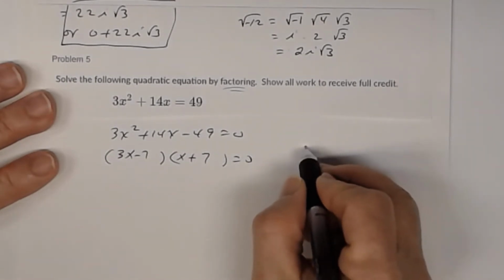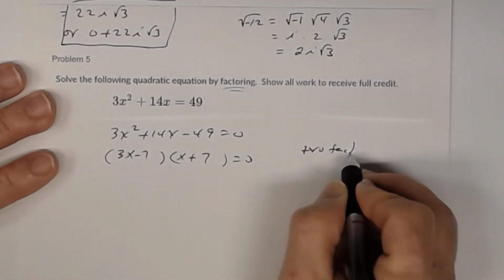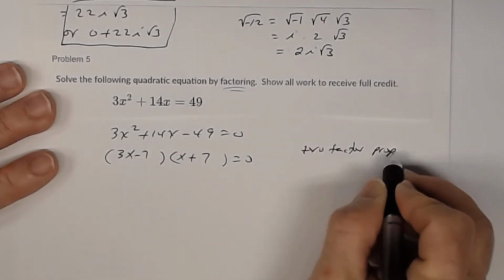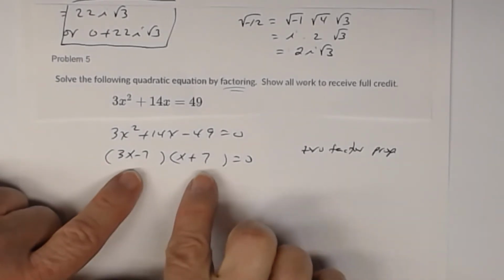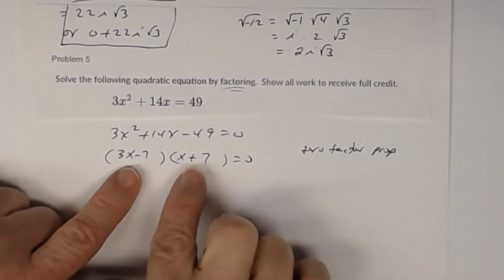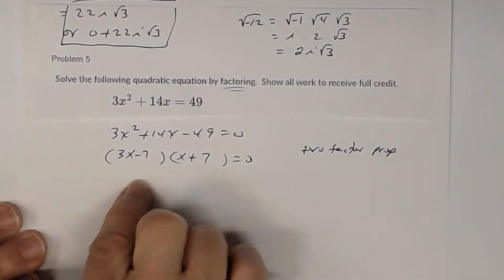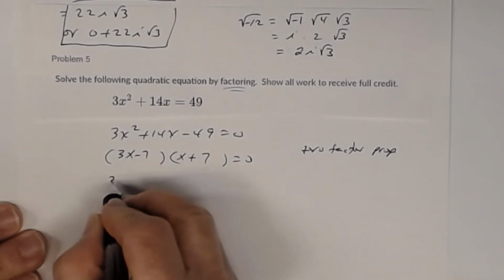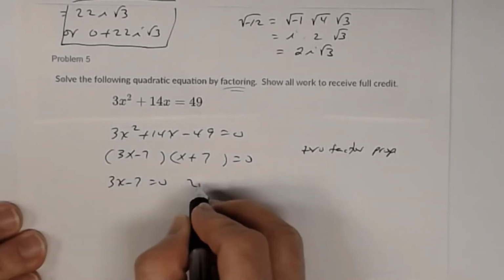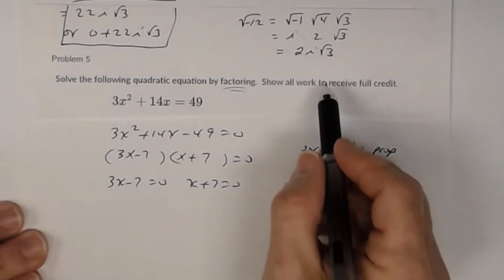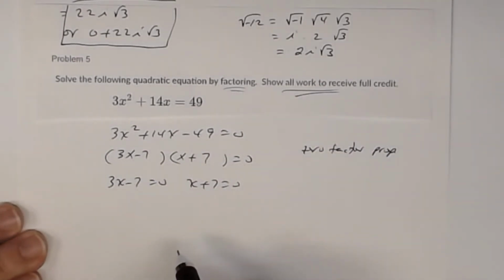Now remember, I'm using the zero factor property. The zero factor property says that if you have 2 or more factors whose product is 0, one of those has to be 0. So the next step you had to say was this: 3x minus 7 equals 0, x plus 7 equals 0. Show all work to receive full credit. Don't be lazy on these problems.